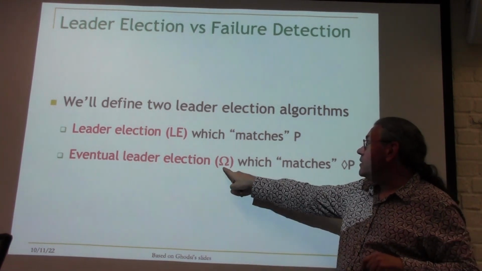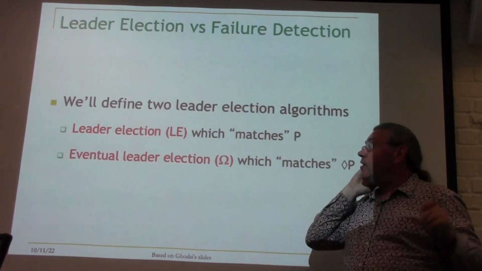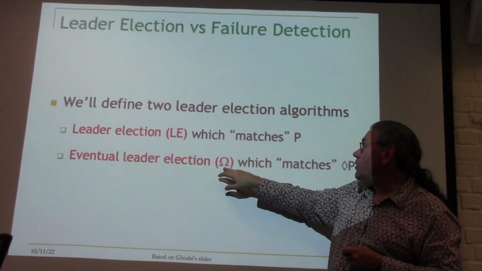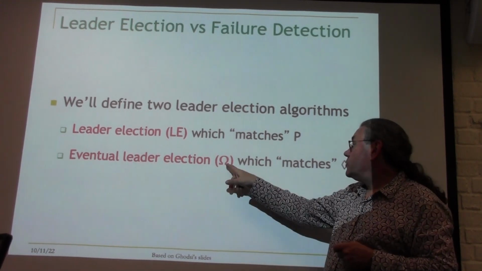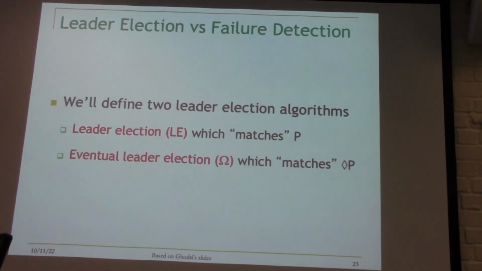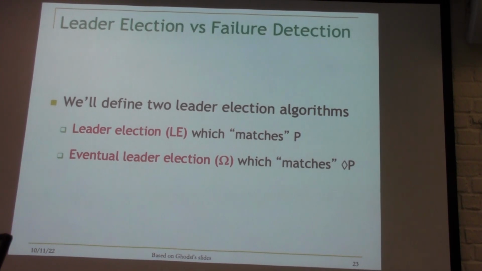This one actually has a name because this algorithm is kind of a standard thing. This one is called Big Omega. This is the Greek letter omega. It's not called eventually LE with an eventually symbol. So it's called omega, Big Omega. You see a lot of historical funny names in distributed systems.